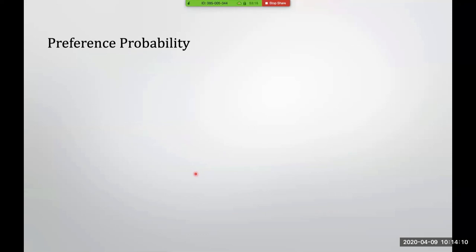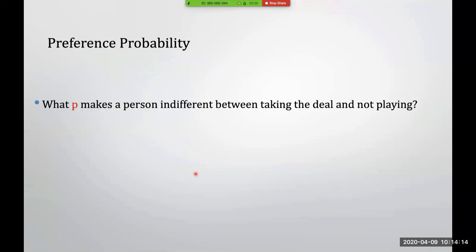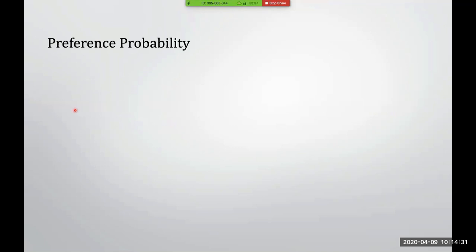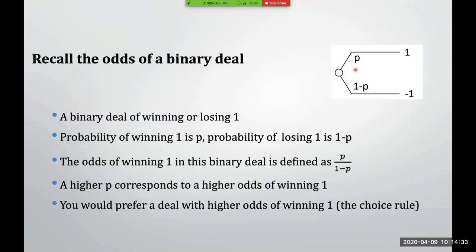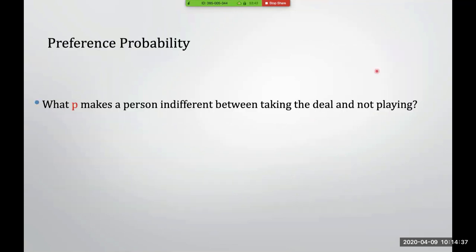So now what we're interested in is a special type of preference probability that makes you indifferent between taking a deal like what we just saw, and not taking the deal. We're interested in a P that makes you indifferent between taking this deal and not taking that deal.